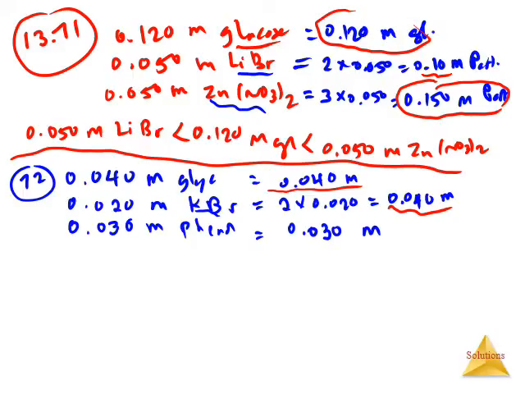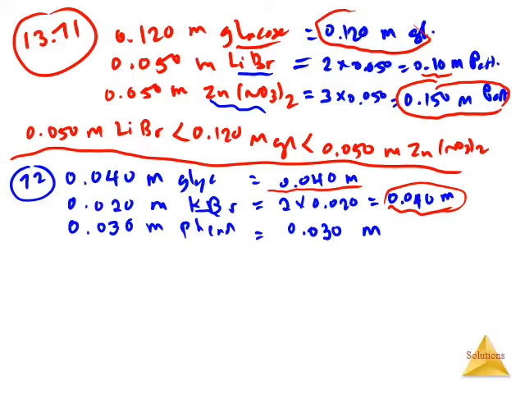So the largest concentration would cause the largest decrease in freezing point. In other words, you get the smallest freezing point. If the freezing point of water is 0, the largest drop would mean the lowest freezing point that you're going to get for the solution.